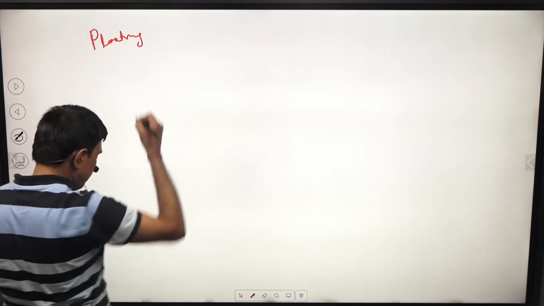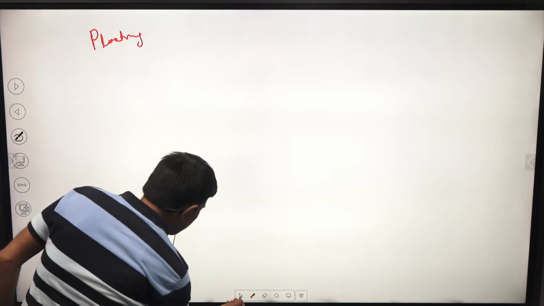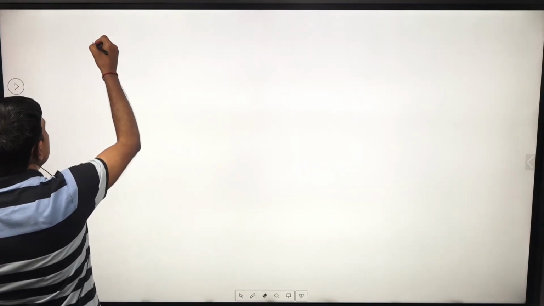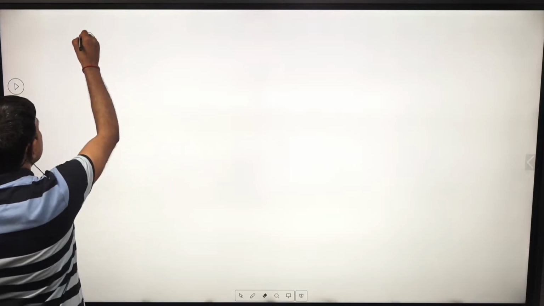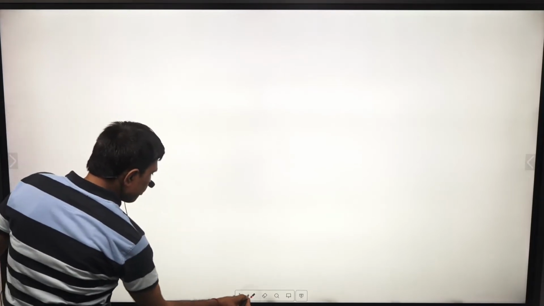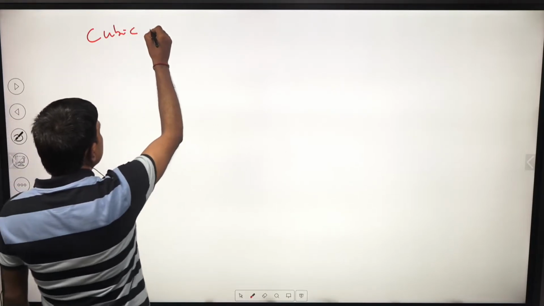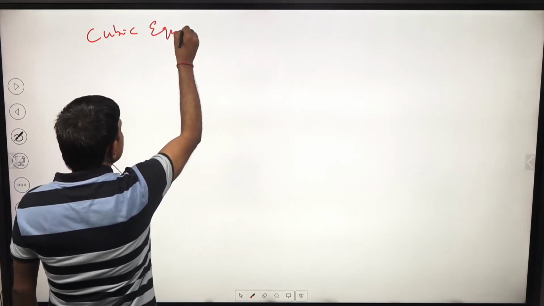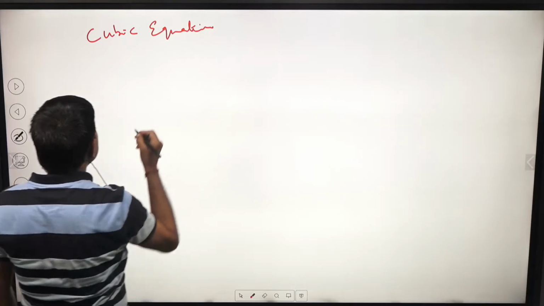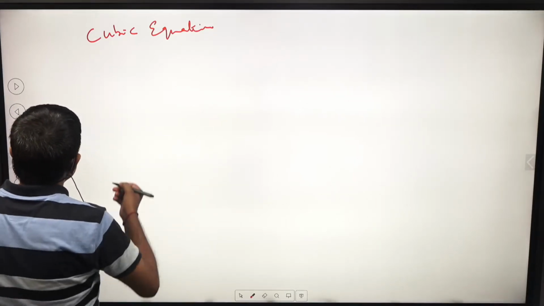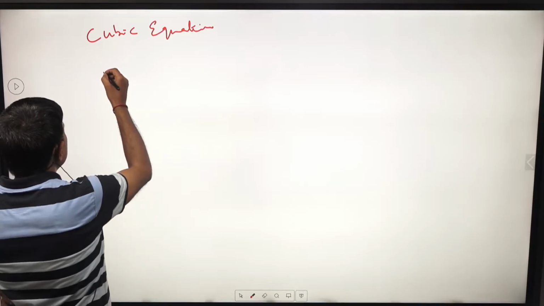Plotting. No, before plotting, we mention cubic equations. Because we are talking about roots, we move to cubic equations.